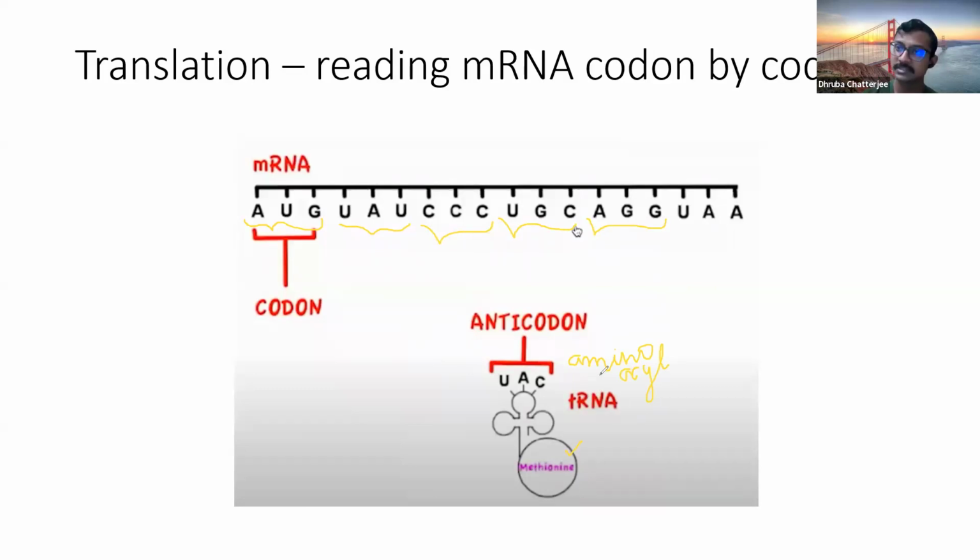That is also an energy-investing process. It's an energy-demanding process. You need one ATP to form this aminoacyl bond, to load this amino acid on a tRNA, to make the charged tRNA.